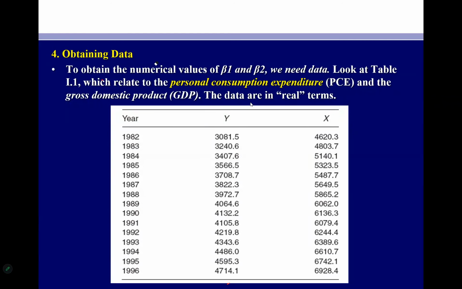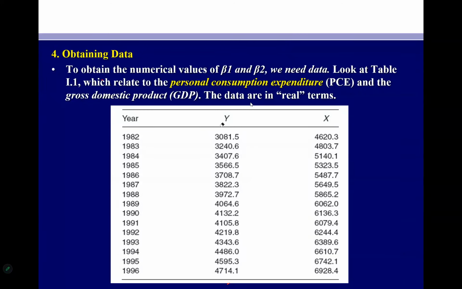If you collect data from about 30 students, you can ask what is your last month income and consumption expenditure. Then using these data, you can estimate the consumption function.